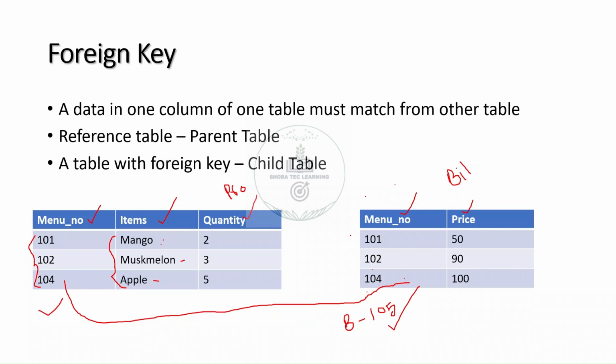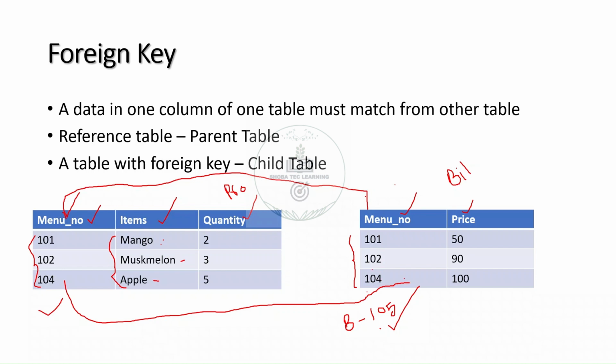Whatever data you are taking should be matched, this menu equal to this menu. Just note it down, whatever data you are matching, this menu is equal to this menu. If you take any other data, it will throw an integrity constraint violated error. Got it?